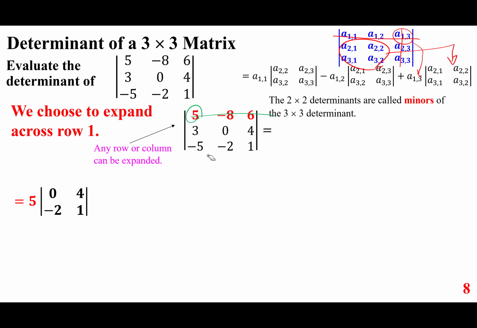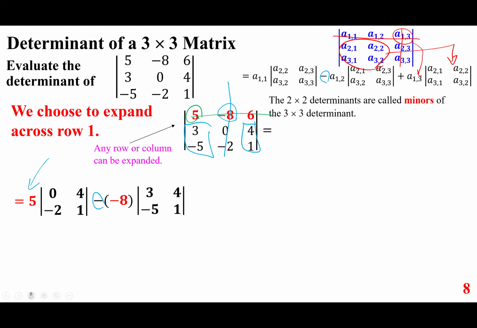Now for the second one, we alternate the sign. This was positive, now we go with negative. So you use negative 8, cross it out, and you have the determinant of 3, negative 5, 4, 1. And this is the alternate sign.